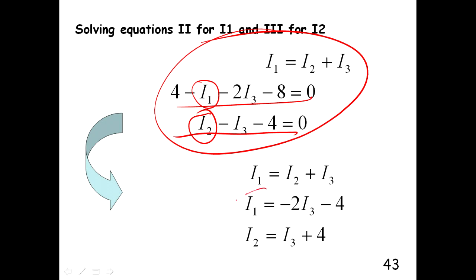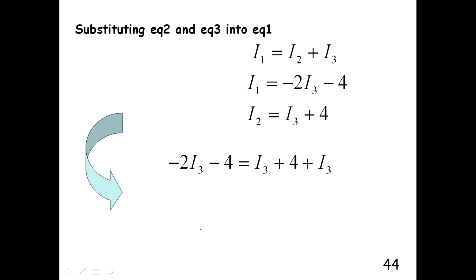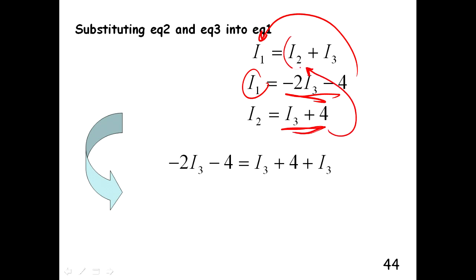All right, so I just did that, and so these equations became that. And now I'm taking these 2 equations, I'm going to substitute this for I1, and this for I2 in this equation, and then I end up with an equation that's all in terms of I3.